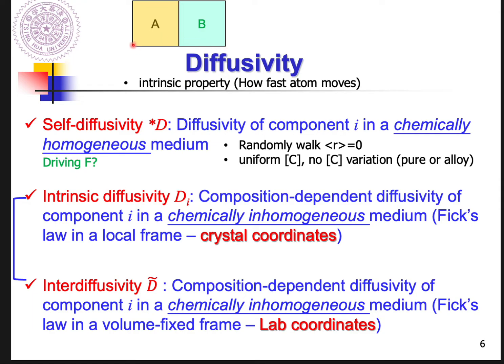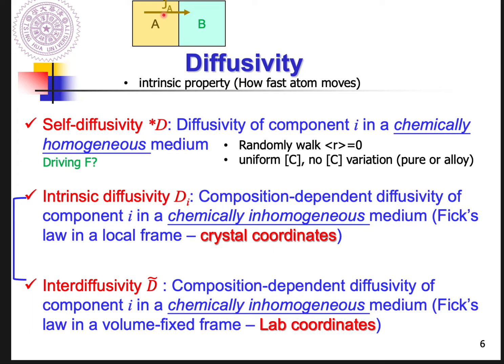And if you plot the concentration of B, it is 0 here, and it will present some concentration of atom B here. So it does exist chemically inhomogeneous. And as we know, as long as you heat this diffusion couple to a high temperature, diffusion happens between A and B.